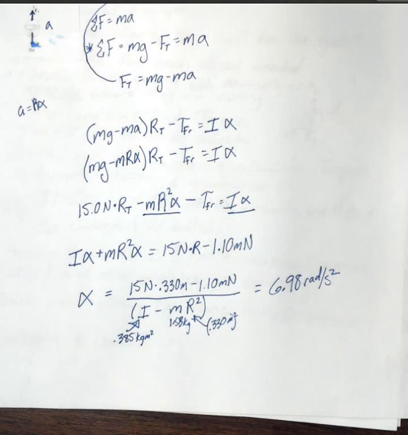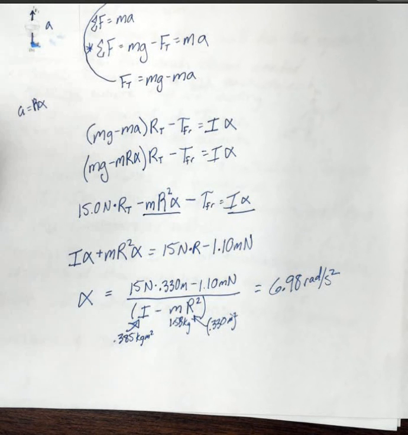It's actually less than we had before when it was a constant 15 newton force. And that's because the force of tension is actually going to be less than 15 newtons, since it's the net of the tension and the weight of the bucket. So the acceleration of the bucket is less, and the acceleration of the pulley is less.